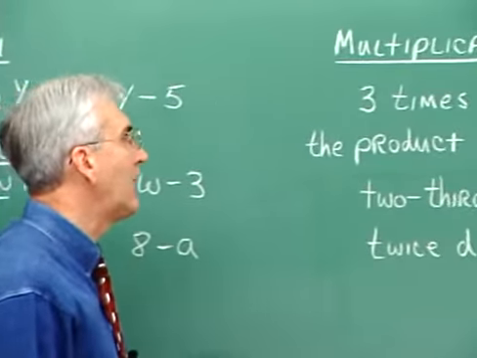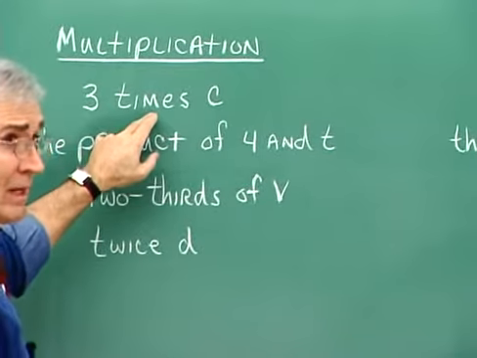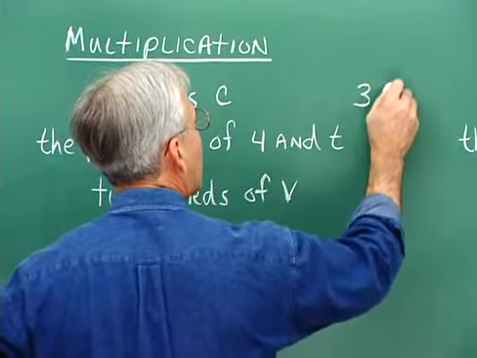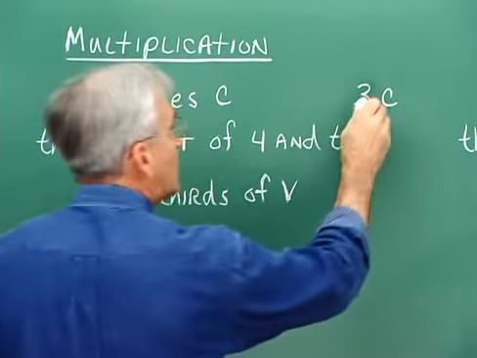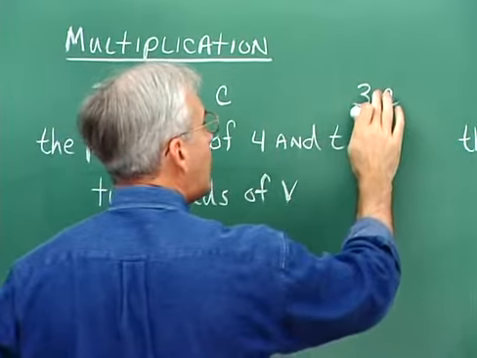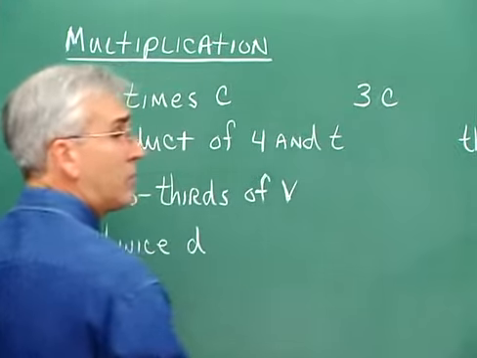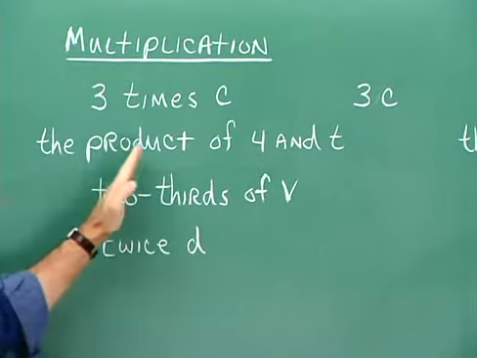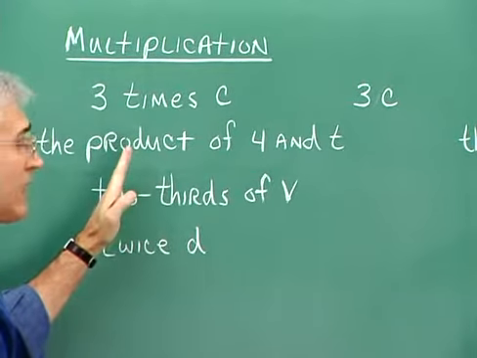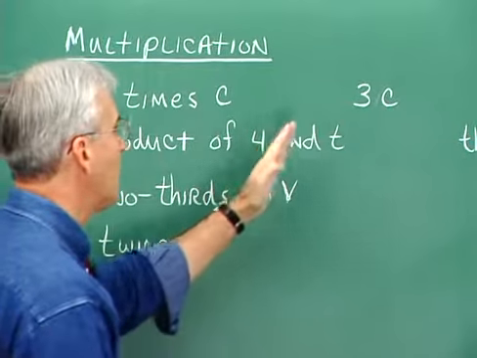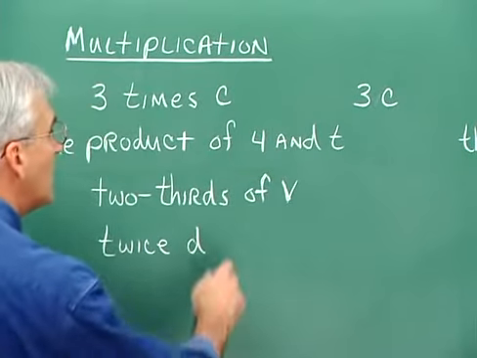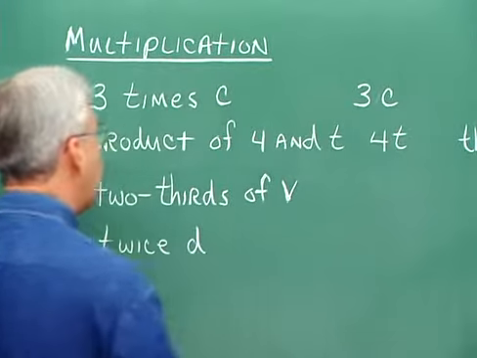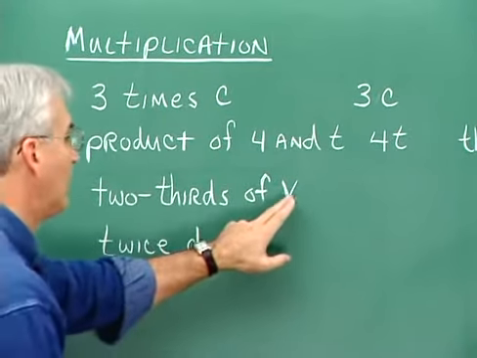Multiplication is implied by these words and phrases. Times implies multiplication. 3 times c means 3c like this, or I could put a times sign in between, but writing a number next to a letter implies multiplication. So I can just leave it like that, and it says to multiply. The product is the answer in a multiplication problem, so the product of 4 and t means 4 times t, or simply 4t. 2/3 of v.